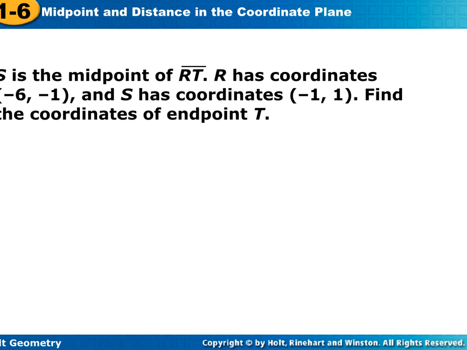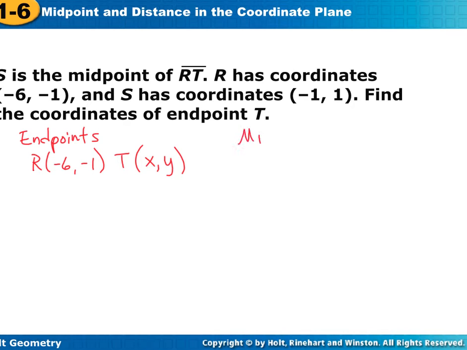So R is one endpoint. I think I'll even just do that. Endpoints. R is one endpoint. What's the other endpoint? T. What are the coordinates of T? x, y.